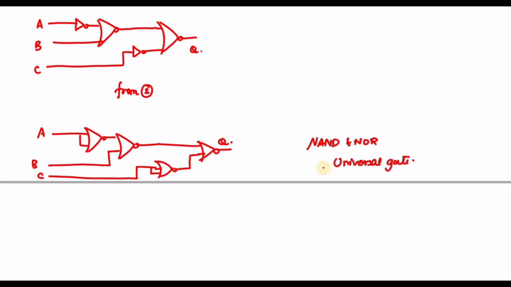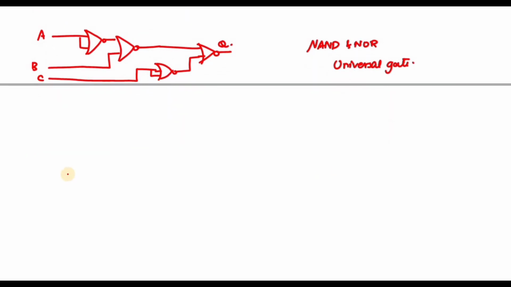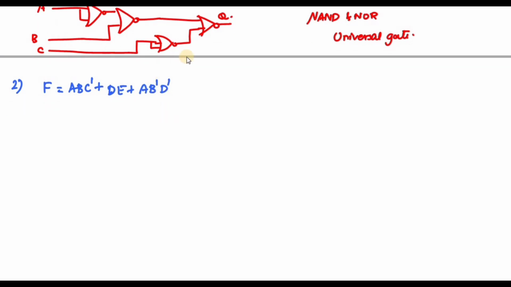So let me design another circuit. The question is F is equal to AB C bar plus DE plus AB bar D bar. Construct it using a NAND gate. So first let me draw this one.